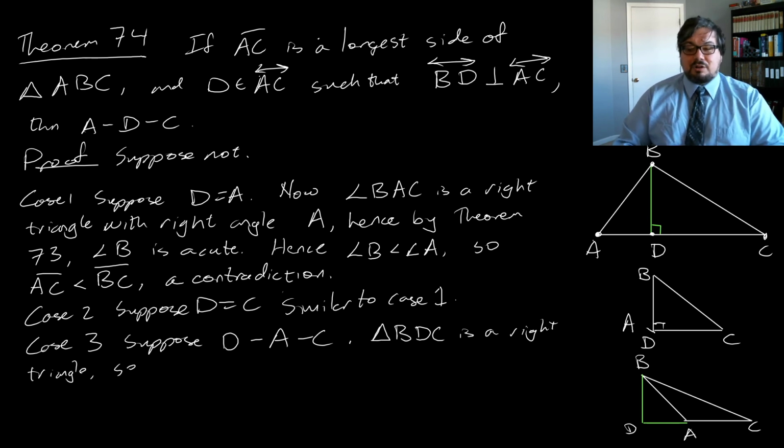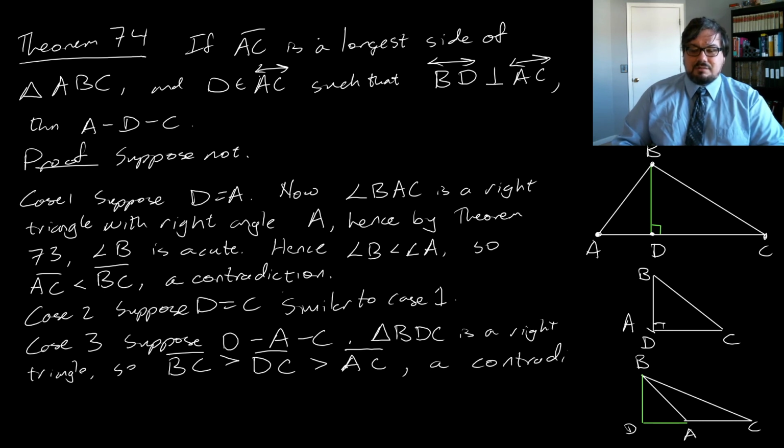So, by a similar argument to the above, we have that the segment BC is greater than the segment DC, but the segment DC is greater than the segment AC, because A lies between D and C, which is again a contradiction.